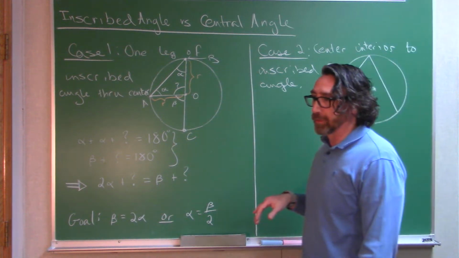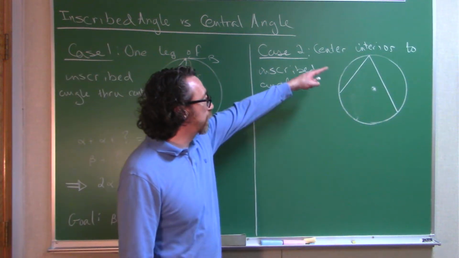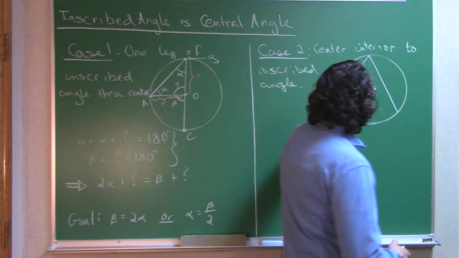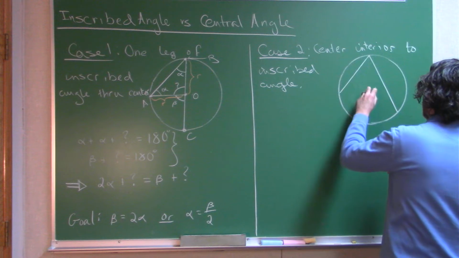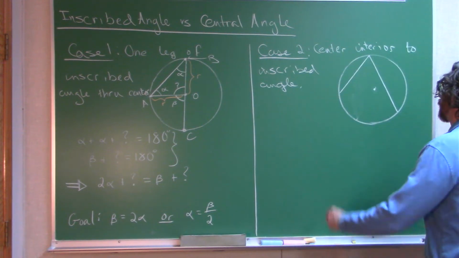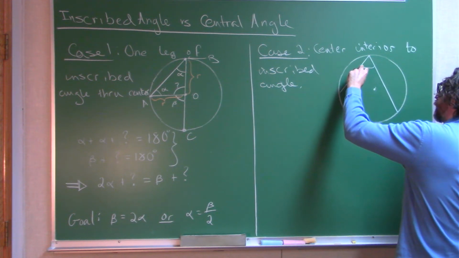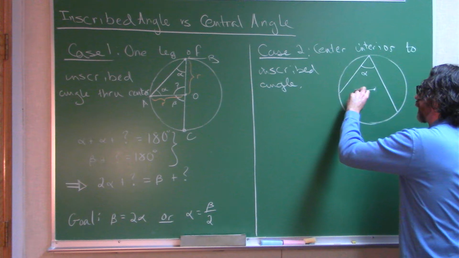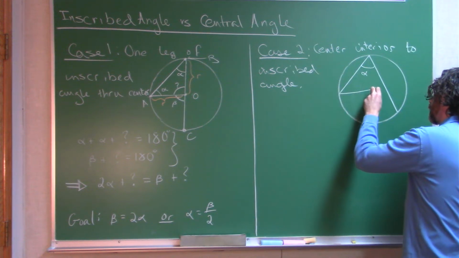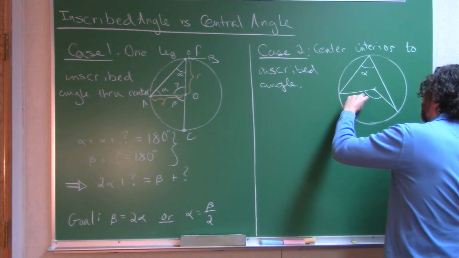Now, the second case is the center of the circle is interior to our inscribed angle. Okay, so once again, we've got our inscribed angle, I'm going to call that alpha, and the corresponding central angle, I'm going to call that beta.